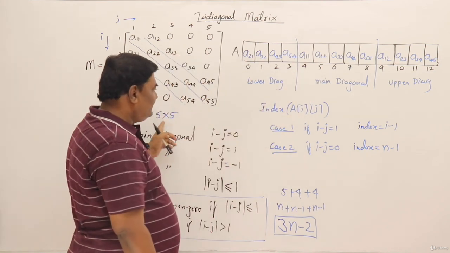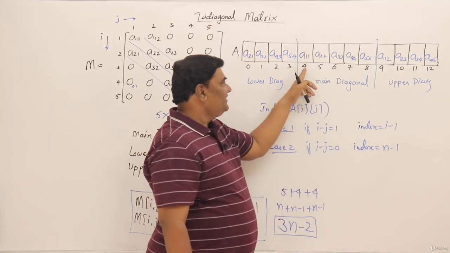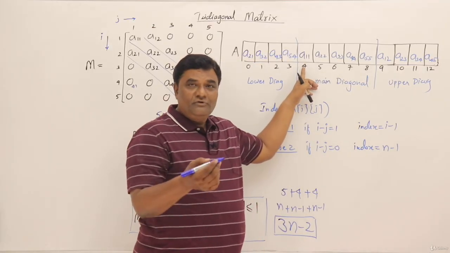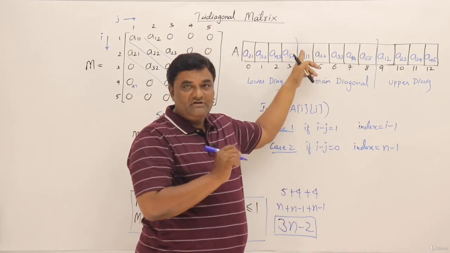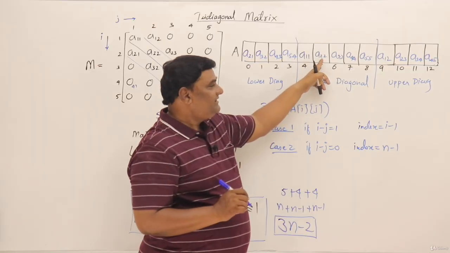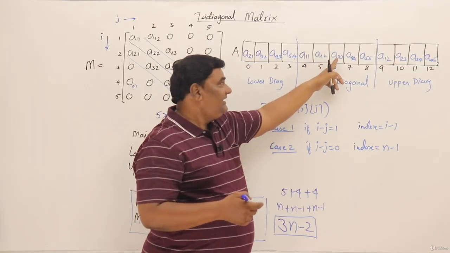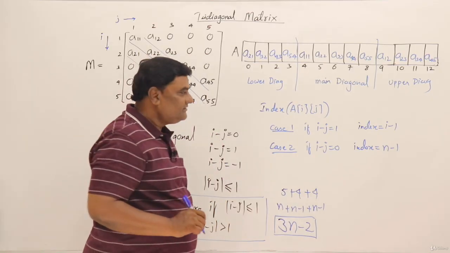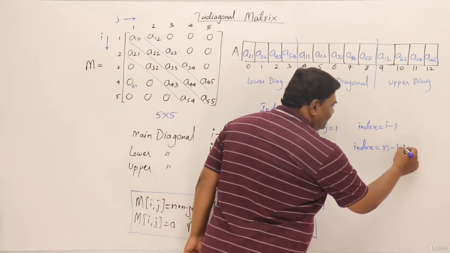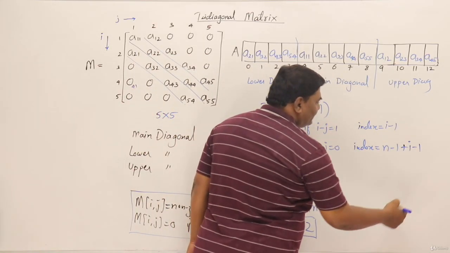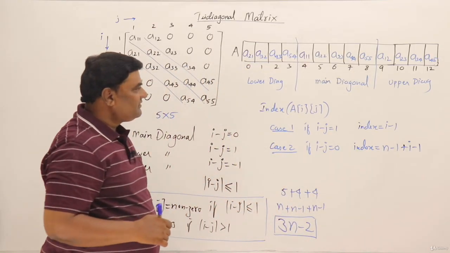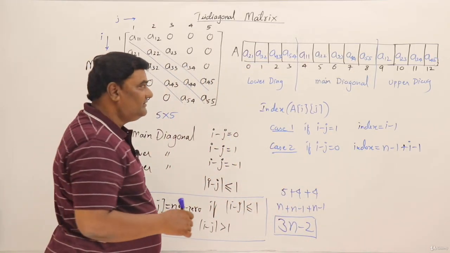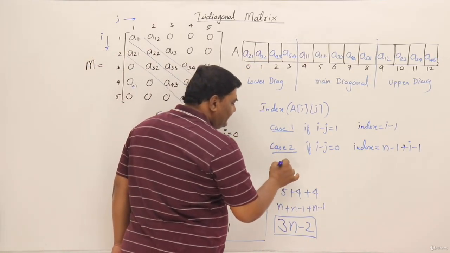In our example, n is 5, so 5 minus 1 is 4, and we are here. If you want the first element, don't move at all. If you want the second element, i is 2, then move 1. If i is 3, then move 2 spaces. So it's i minus 1. n minus 1 plus i minus 1 will be the formula for elements of the main diagonal. Then case 3.